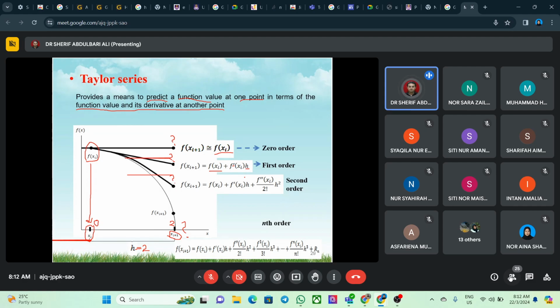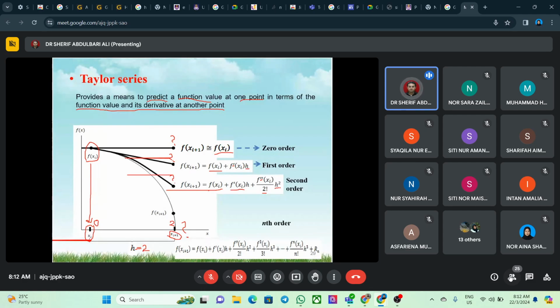So now we added one term, which is the first derivative of the function and the step size. If we are talking about the second order of the Taylor series, it's equal to the function itself plus the first derivative of the function times the step size plus the second derivative of the function over the factorial of 2 times the step size squared.